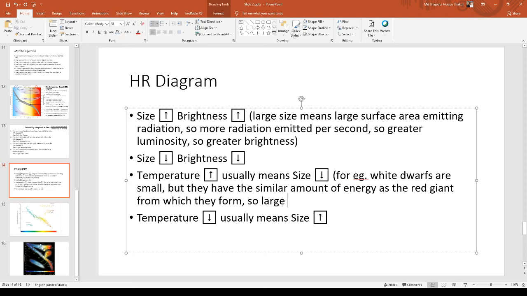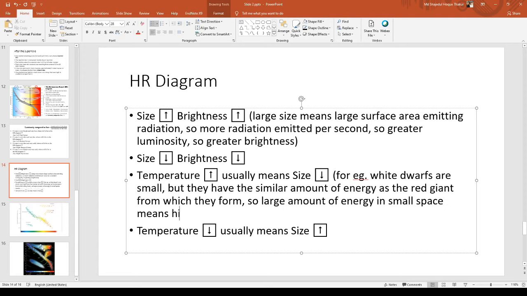So a large amount of energy in a small space means higher temperature. Do you understand my explanation? White dwarfs are small, but they have a similar amount of energy as the red giant from which they form, right? So a large amount of energy in a very small space means higher temperature. I hope this explains it.